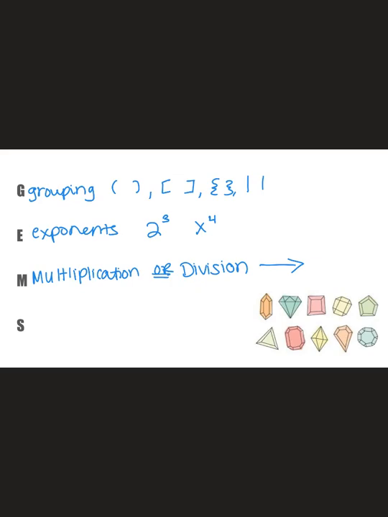Same with the S, which is subtraction or addition. Again, we're moving left to right. And this is just the order in which we solve problems.